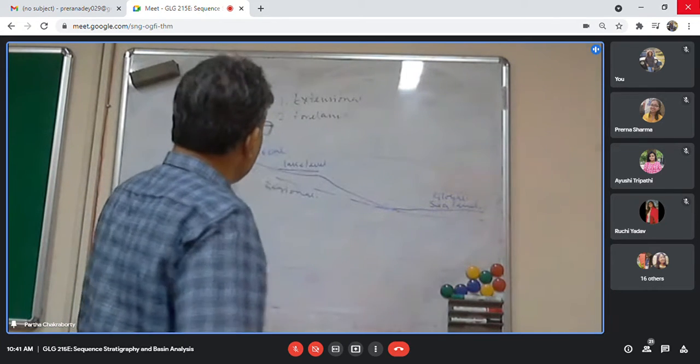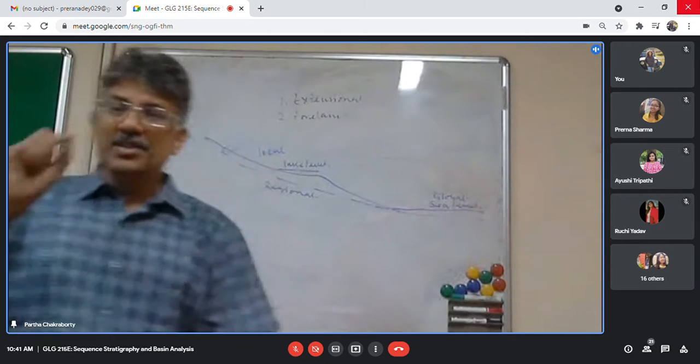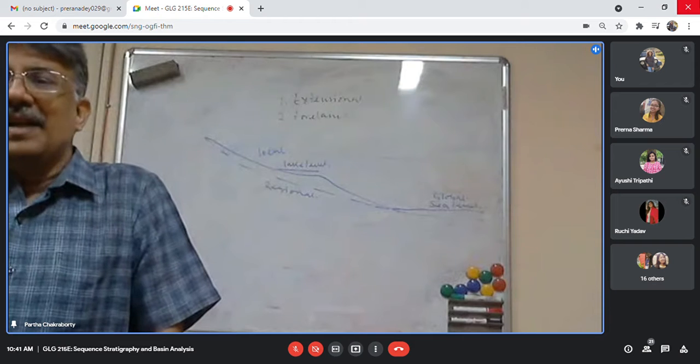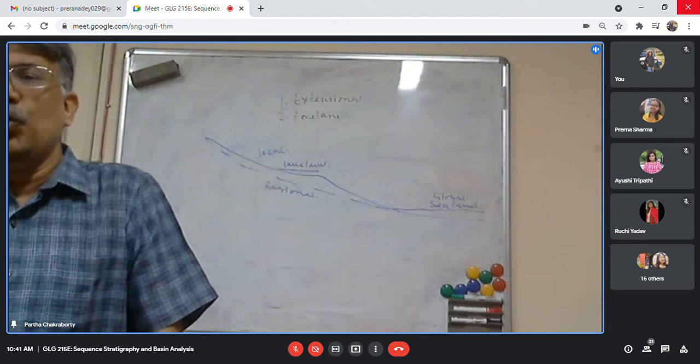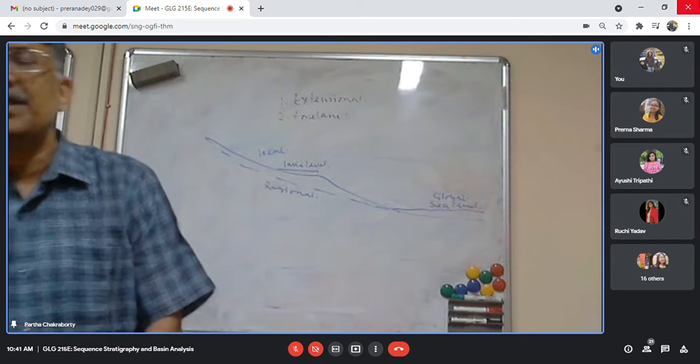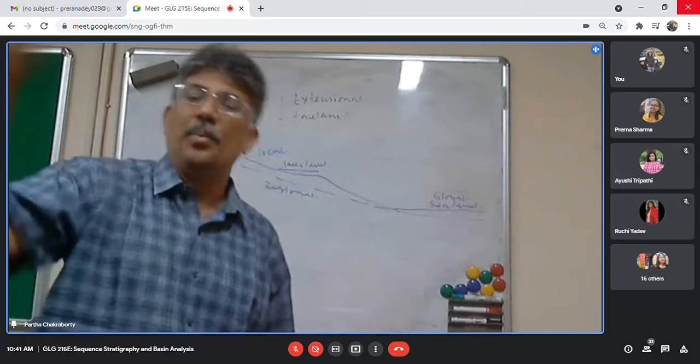That does not mean it has been equilibrated up to this. So this concept that there is a local and there is a regional or global base level is always true for any kind of depositional system, which guides the sedimentation at the local level and the global level.